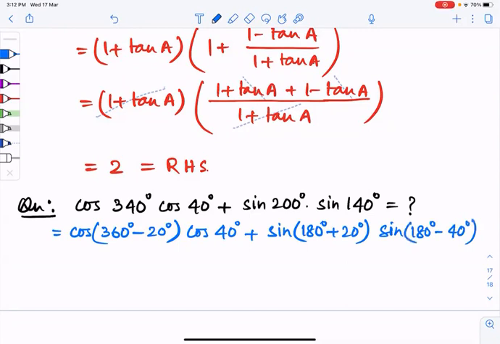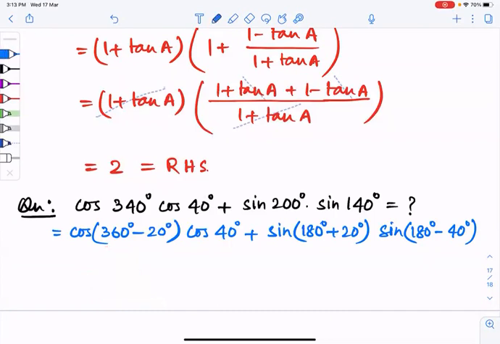These are some allied angles used. Now 360 minus 20, I have already told you, this is 90, 180, 270, 360. 360 minus 20 means 4th quadrant, cos is positive.